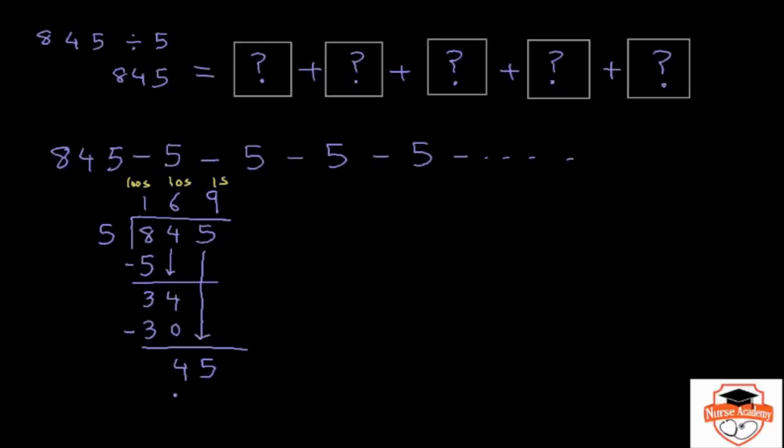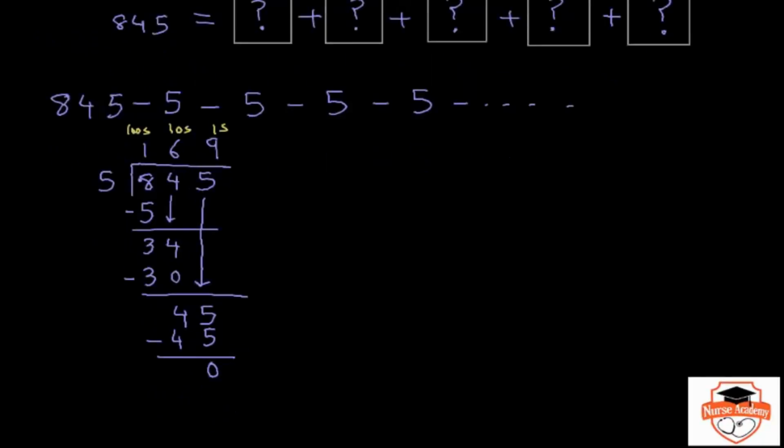And now, 45 minus 45 is 0. So, although we have broken down 845 into pieces, we ended up dividing all of it by 5, and the answer is 169. So, we could say 845 divided by 5 is 169.